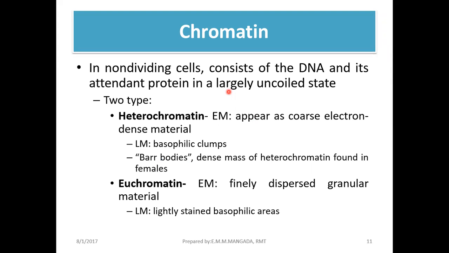Examples of those are your lymphocytes, o kaya yung mga sperm cells natin. Or, for example, cells that produce products like your antibody, yung ating plasma cells. So, again, your heterochromatin are usually seen among cells that are metabolically inactive.